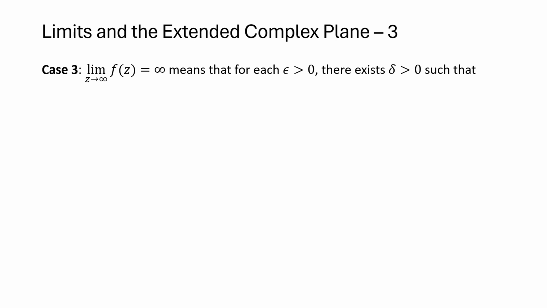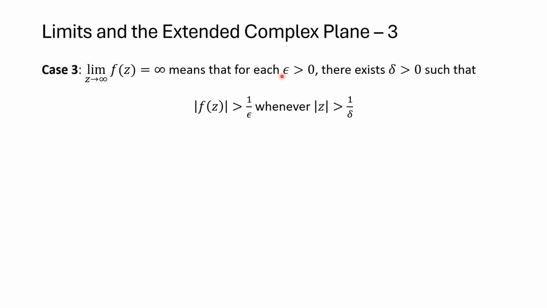Okay, in case number 3, this is when things kind of blow up, and you have the limit as z goes to infinity of f of z actually goes off to infinity. That's usually a case which is excluded or written off as not being helpful, but you still need to know when that happens.